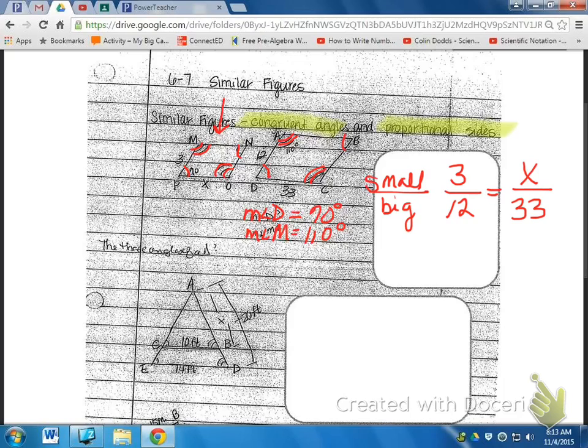Okay, so once you get all 4 spots filled in, you do what we've done all week. Cross, cross. So you're going to show 12 times X equals 3 times 33.